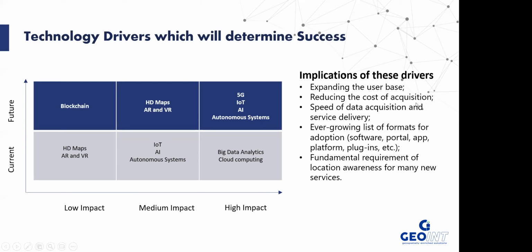What we're seeing is a reducing cost of acquisition of data, of systems, and of application of advanced processing technologies. And all of this is coming on the back of the speed of data acquisition. To put this into perspective, there's a US-based company that images the entire planet every day.